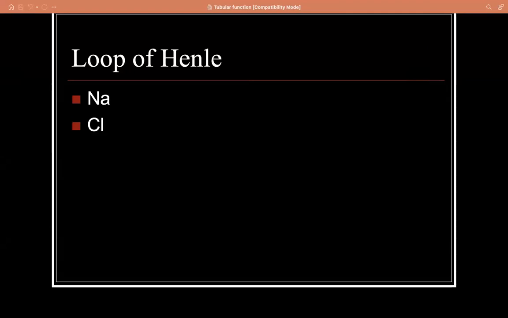Now, when the filtrate reaches the descending loop of Henle, at the top of the descending loop, the milliosmoles is about 290. At the tip down, when it is turning to the ascending loop, the osmolarity of the filtrate is 1,200. So we are saying that within the descending loop of Henle, the filtrate becomes concentrated 4 times as it goes down.